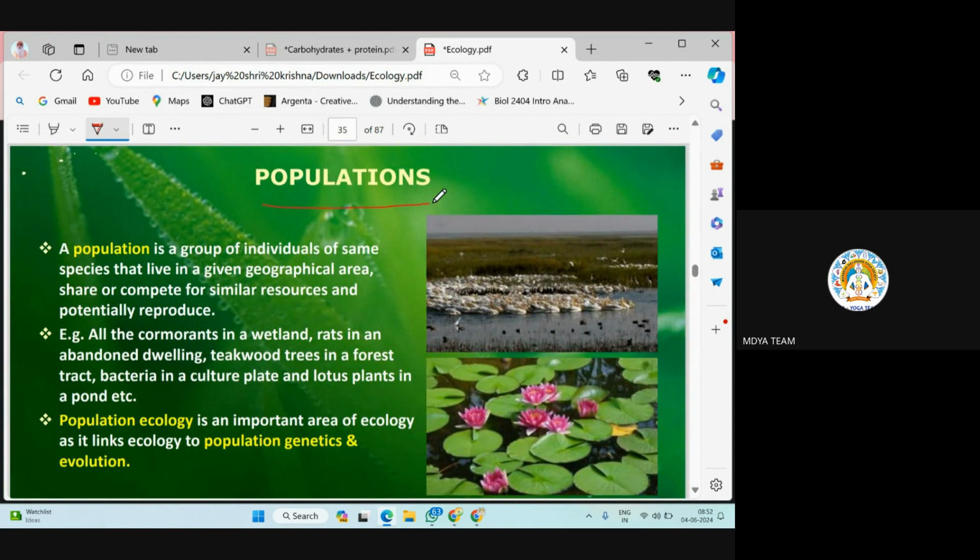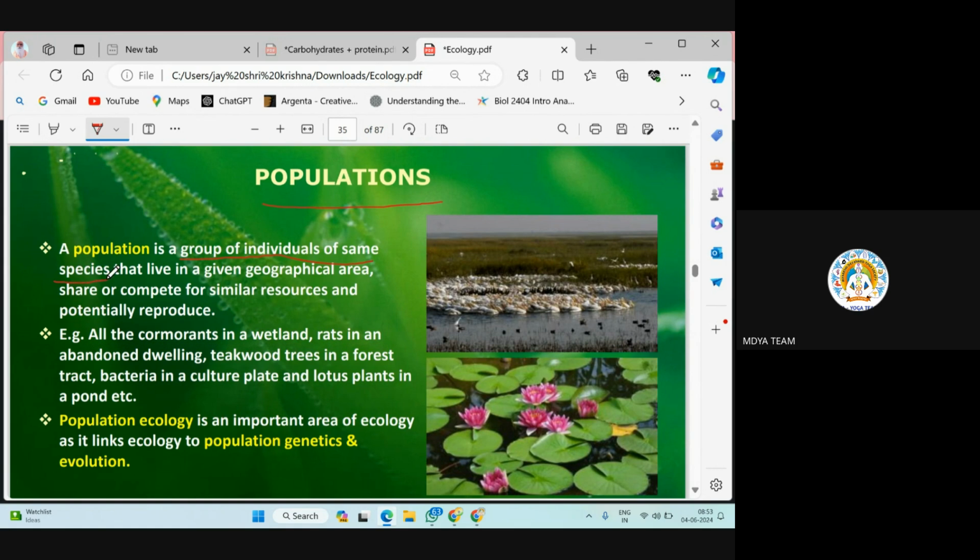Okay, so among biotic components, one term is very important: population. You all have some general knowledge about this term, but what exactly is population? Population is a group of individuals of the same species.